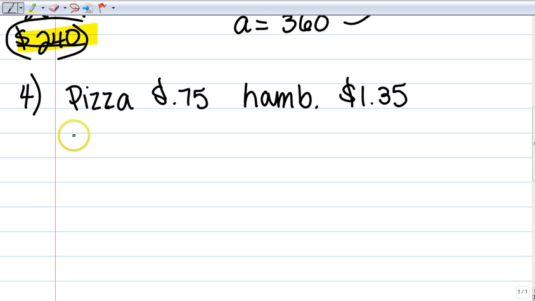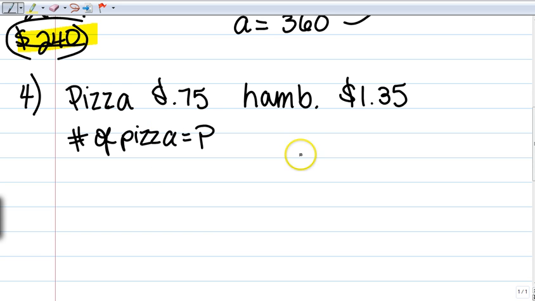So let's make the number of pizzas equal P, so that's how many they sold, and number of hamburgers equal to H. So we have 2 variables here, but it says that they sold 40 more slices of pizza than hamburgers.